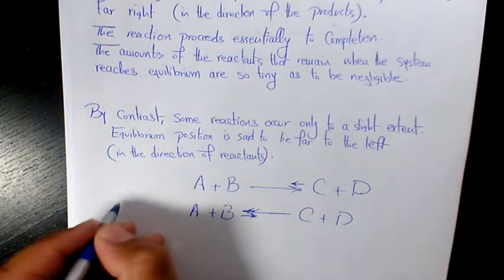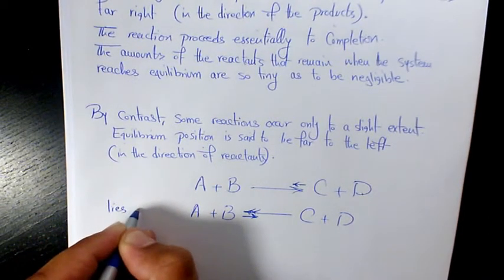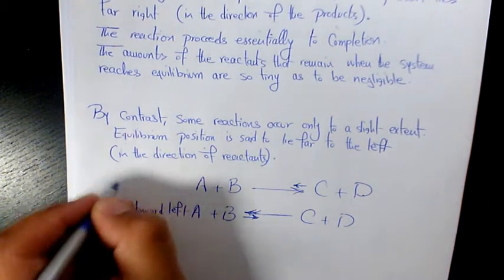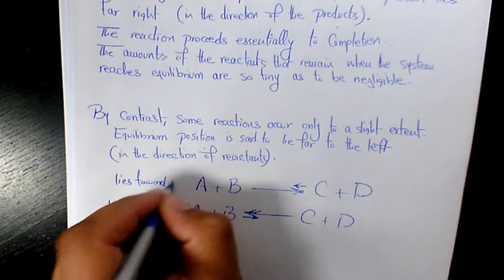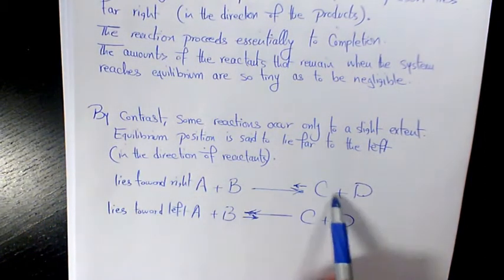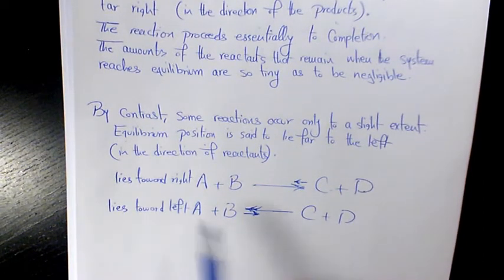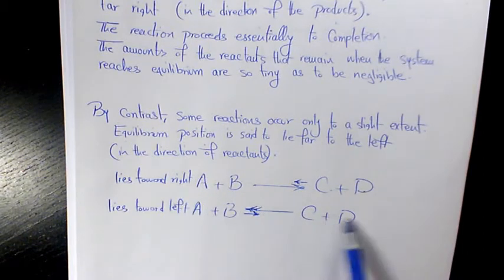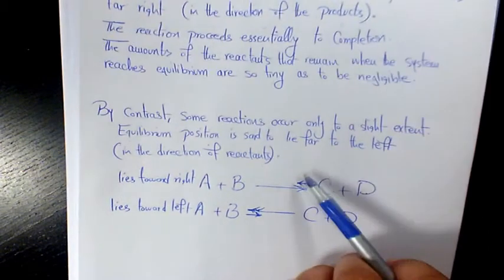So it lies toward the left and lies toward the right. The first one is product favored, and the second one is reactant favored. Whenever we get to chemical equilibrium, we have more reactant in this case, and for the first case, we have more products.